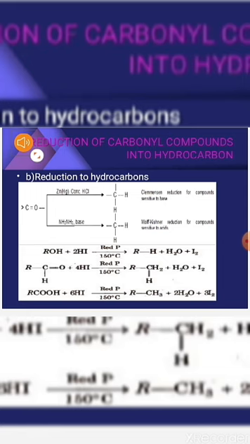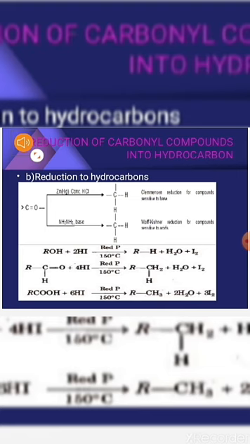Another type of reduction of carbonyl compounds is reduction up to alkanes. Definitely it's possible in presence of a strong reducing agent. The first one is reduction with zinc amalgam and hydrochloric acid, which converts the carbonyl compound into alkane. This reaction is known as the Clemmensen reduction reaction, very important for board exams.